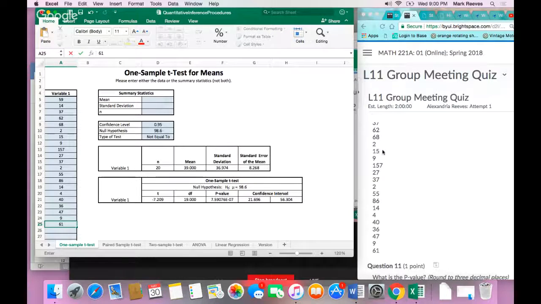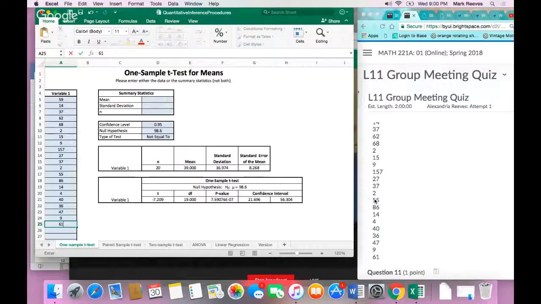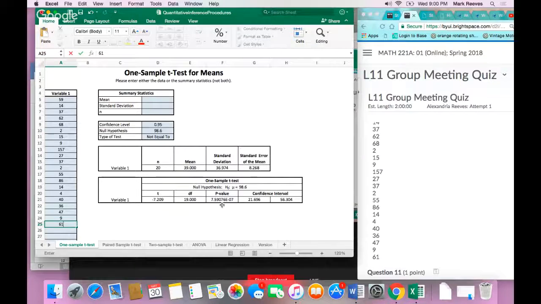Okay, so now I have 21 sets of data, is that right? Okay, yeah. So I closed mine and reopened it, and so now it's working again. Yeah, so 21, that's what I got too. Okay. Just based on that, you're not doing any other input other than what we just put in column A, right?